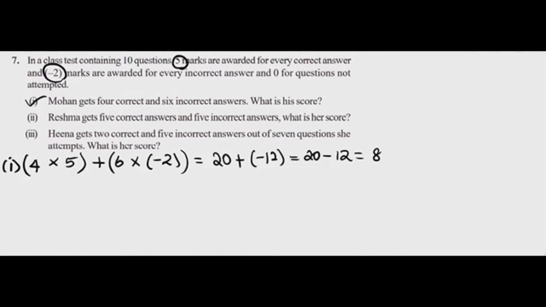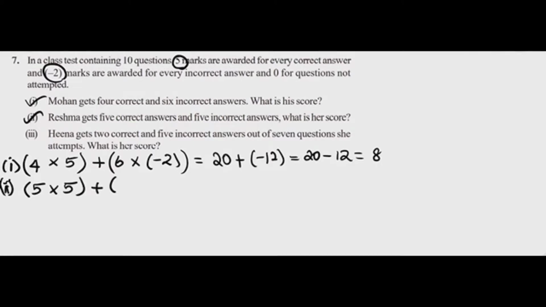Now we can move on to the second subdivision. Read the second subdivision once. Reshma gets 5 correct answers and 5 incorrect answers. What is her score? Reshma gets 5 correct answers, and the correct answer mark is 5.